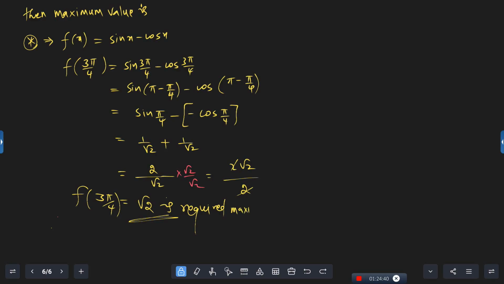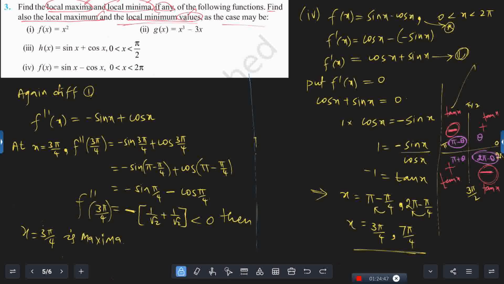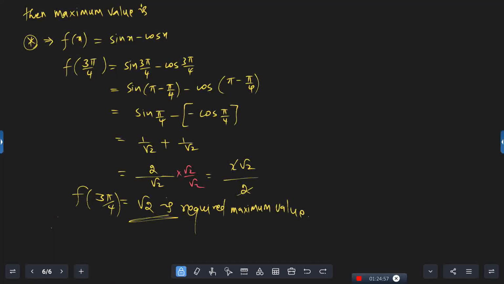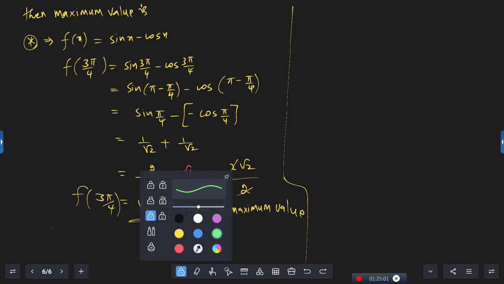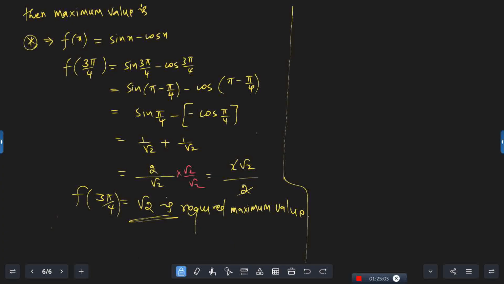Still we didn't do x equal to 7 pi by 4. We haven't checked it yet. Don't forget, we have to go to 7 pi by 4 now. First we have to check whether it is a maximum or minimum.